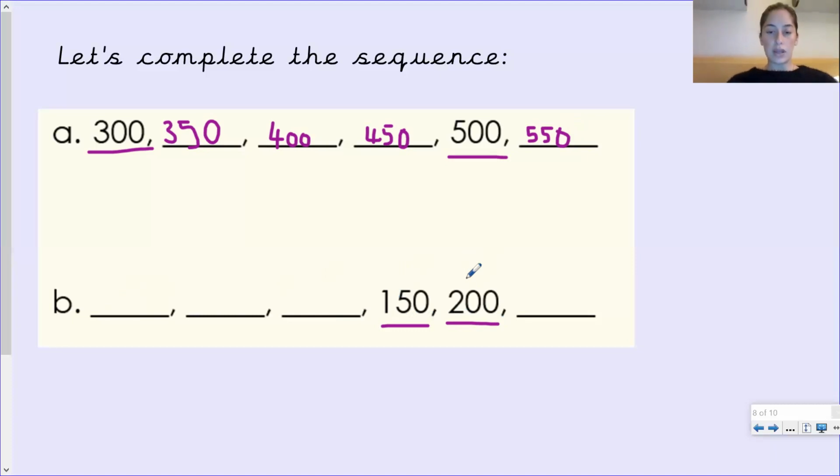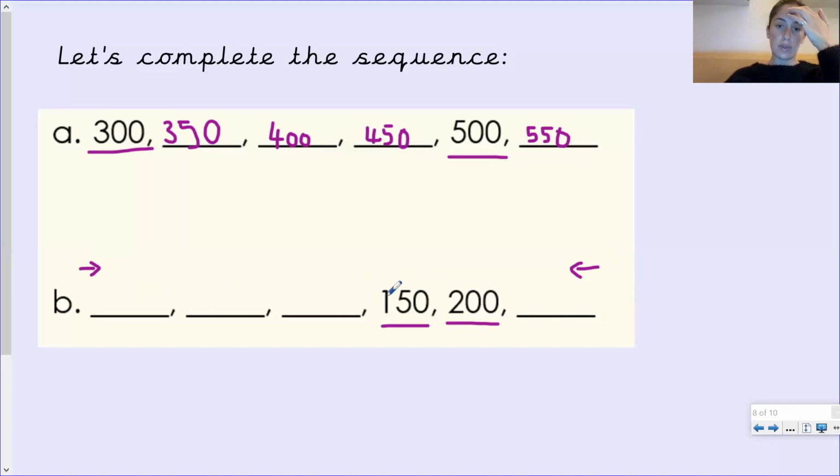What I'm going to find easier to do is to complete this last one and then count back in 50s from the last number given, just because I have quite a few gaps here. But you can also do it this way if you would prefer. So the numbers would be going up in 50s if we look at it from this direction, and going down in 50s if we look at it from this direction.